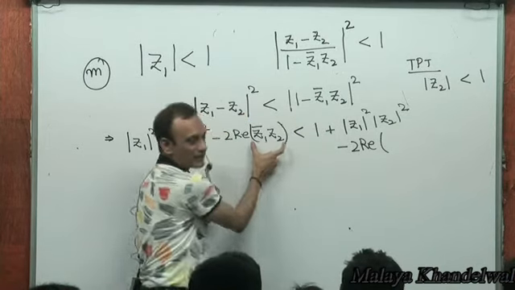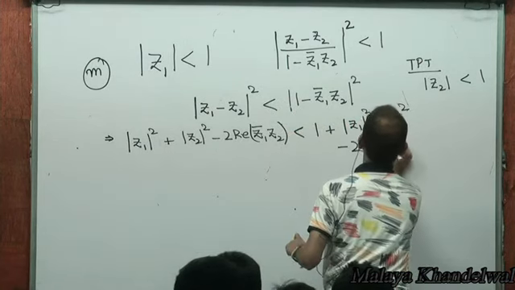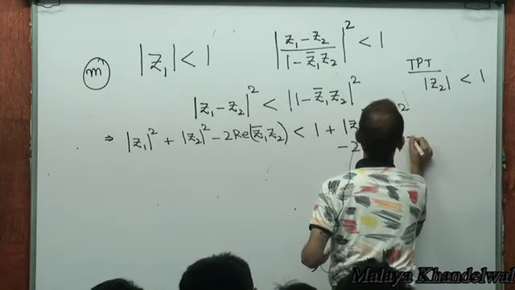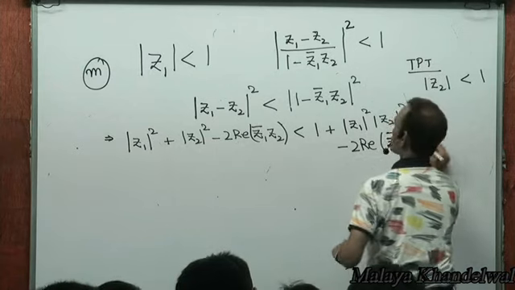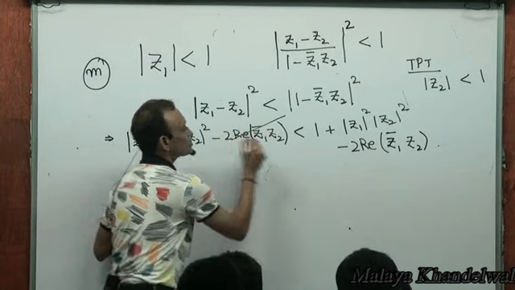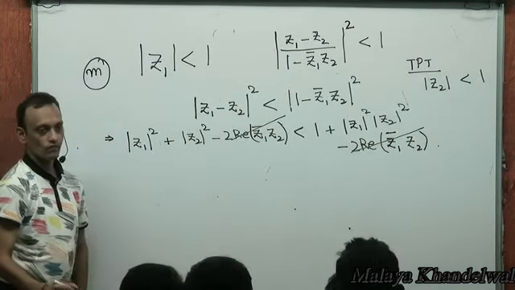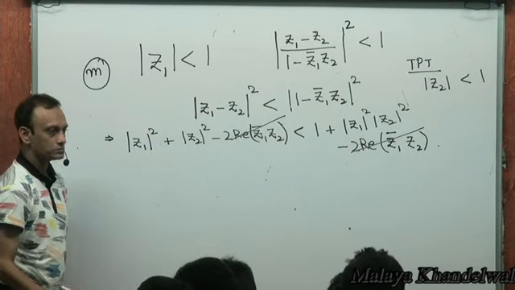So that I get the same thing. Twice this into bar of 1 will be 1 only. Twice real z1 bar z2. Conveniently, this goes into oblivion. Right?